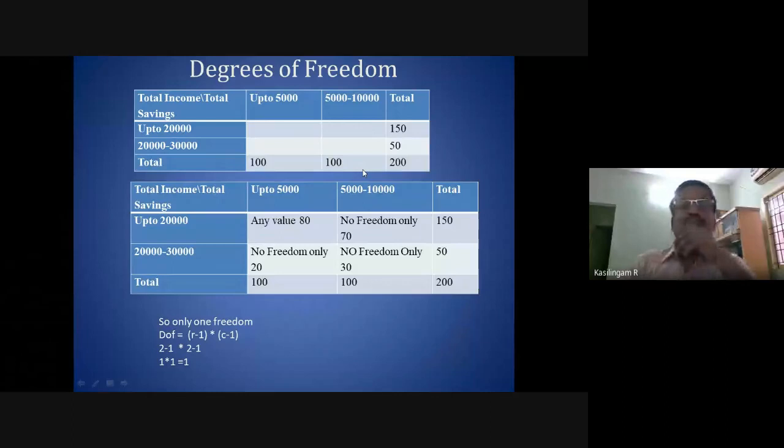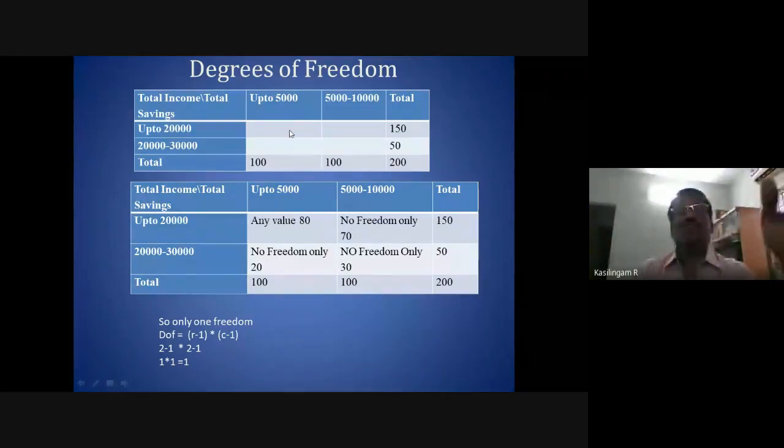Now, how many people can be here in this category? It can be 50, it can be 60, right? That is this column I am telling. Up to 5,000, up to 20,000.